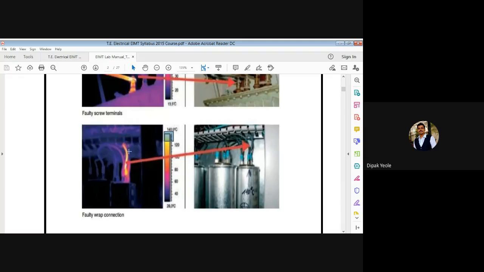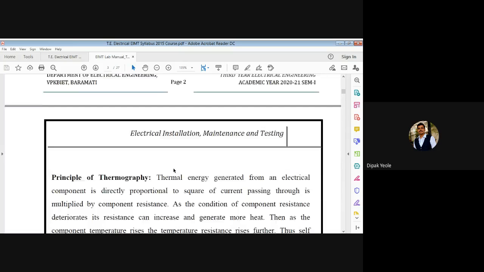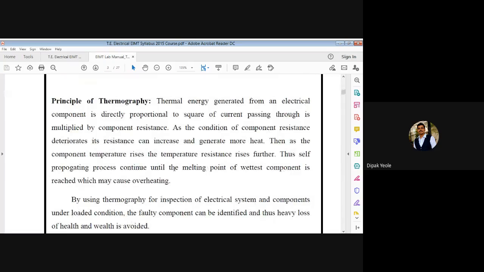If this persists for a long time, then obviously it can go into a failure state, and the whole assembly is responsible for the failure state. Hence, we have to find the hotspots first, and after the hotspots, we have to identify the problem in the particular component. Now, what is the principle behind this thermography?